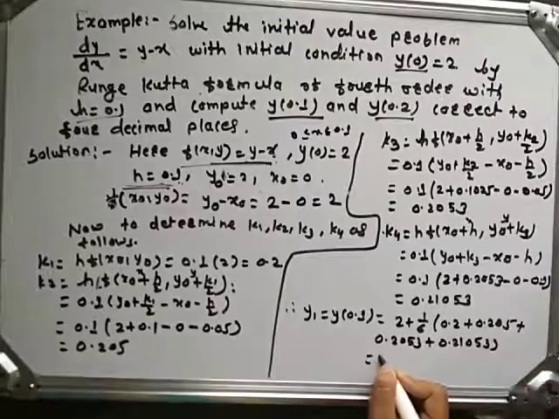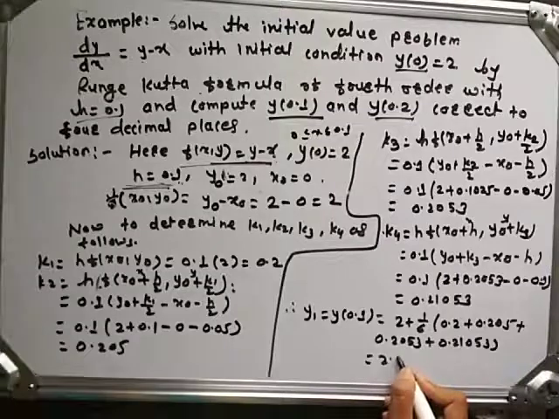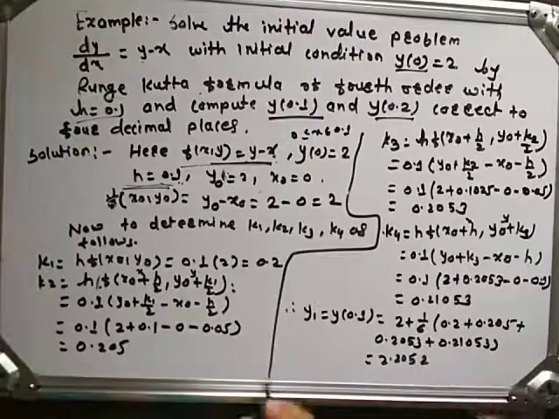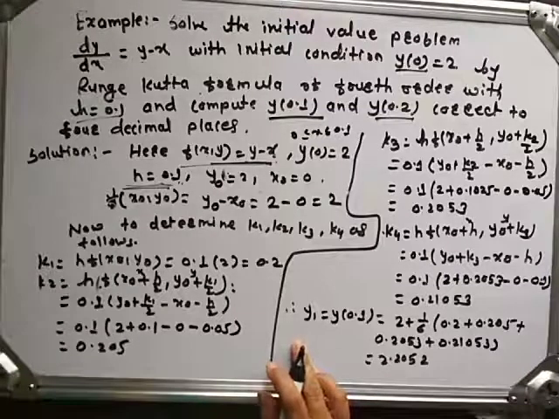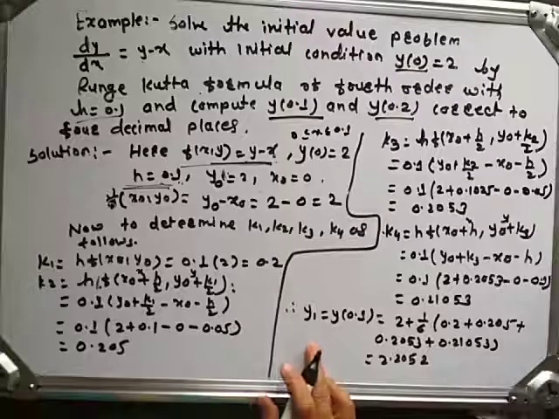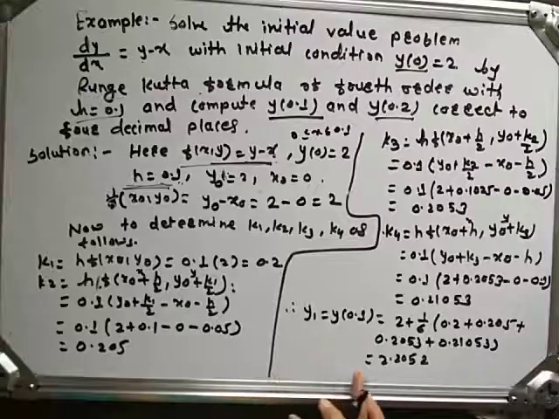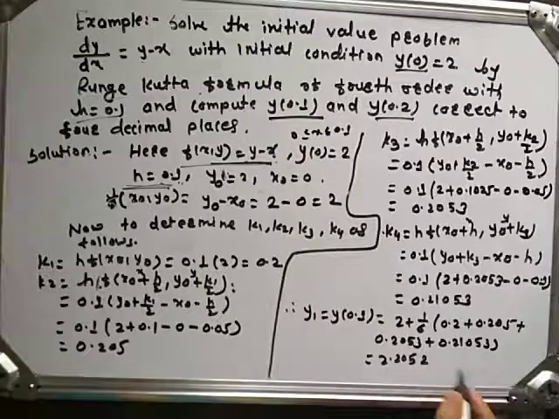This is equal to 2.2052. This is the value of y1, which is correct to 4 decimal places.